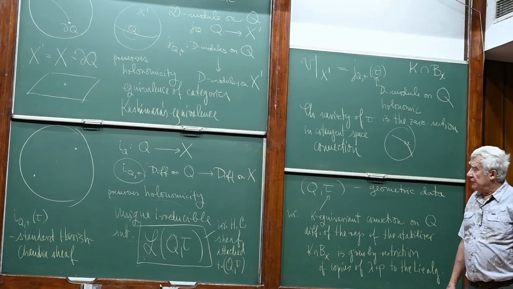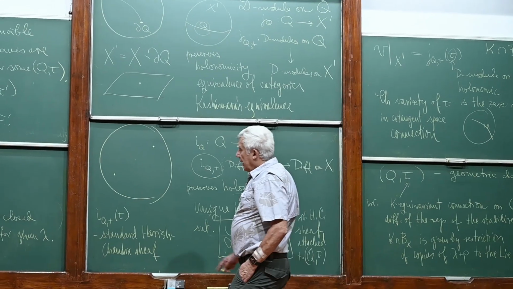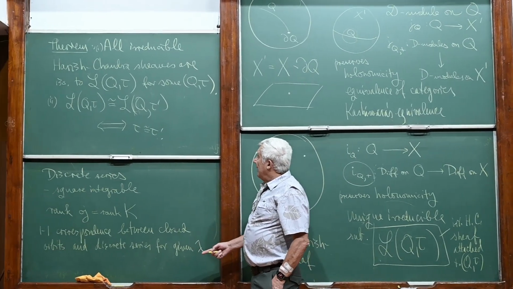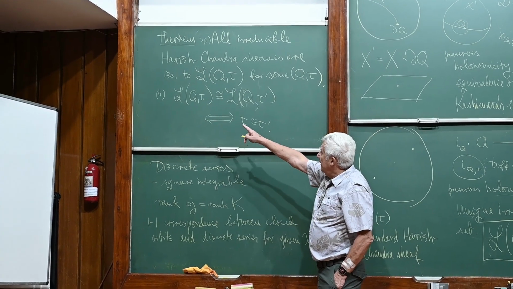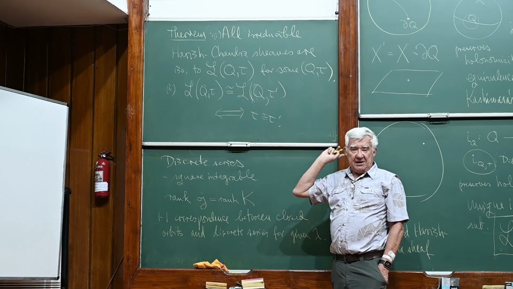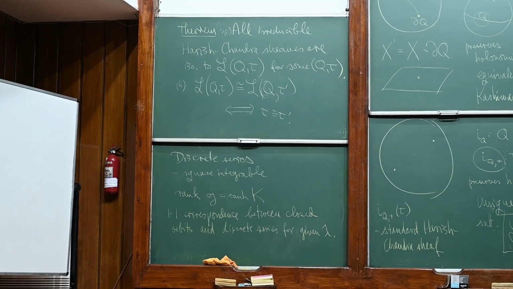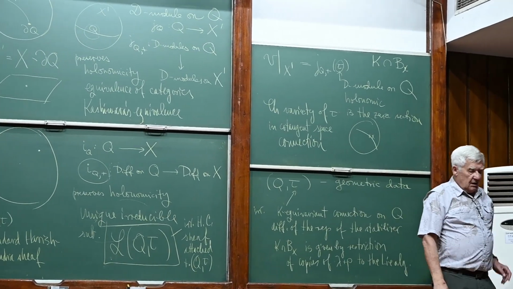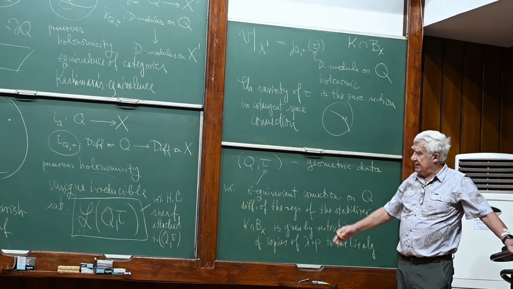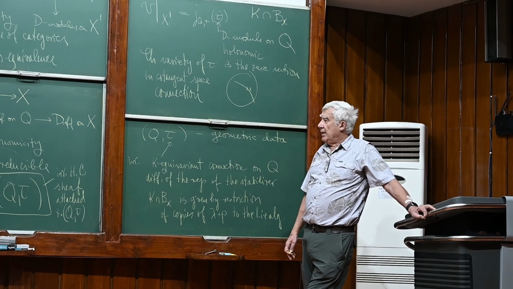Why? Because for a closed orbit, there is nothing in the boundary. So in this case of the closed orbit, LQ tau is the same as IQ tau. So our representation is global sections of the standard Harish-Chandra sheaf, which is quite simple.